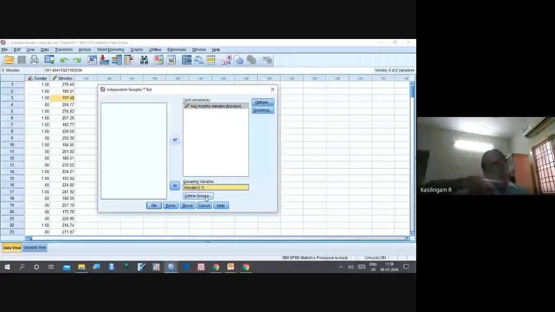You can compare the first category with the second one, and the second time you can compare the first category and the third category. That is why the option is provided here. But simultaneously you cannot do it in an independent samples test. For that you have to go to ANOVA.